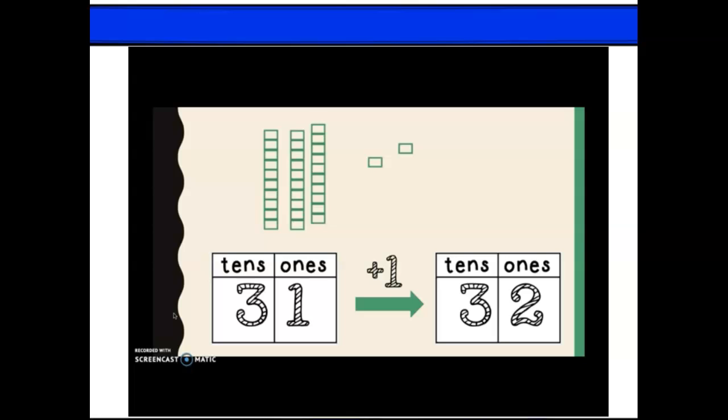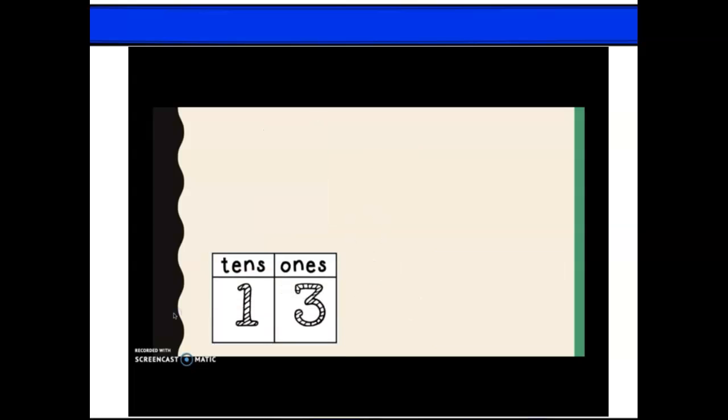Now, my learning goal said 1 more and 1 less. Let's try that one. What if I had 13? So I have 1 10 and 3 ones. You know what? I'm going to go ahead and take 1 away. That means I'm going to subtract 1, or I'm going to take 1 less.